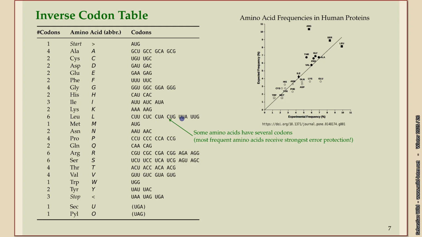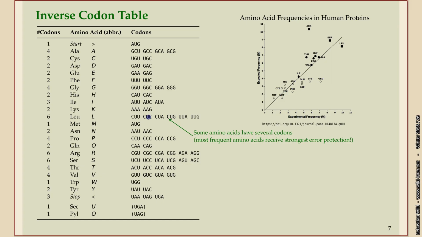So in a way, nature almost optimized the code in an evolutionary sense, like the code got optimized via evolution, via selection, so that the amino acids that are used most often have several codons that code for them, which means that a mutation in the DNA that is rare but occasionally happens might not have any consequence.